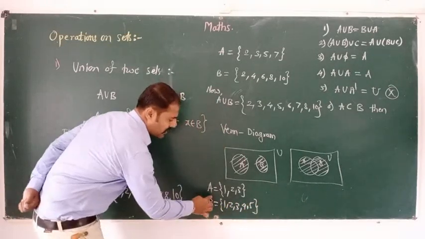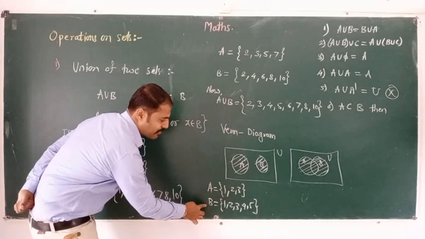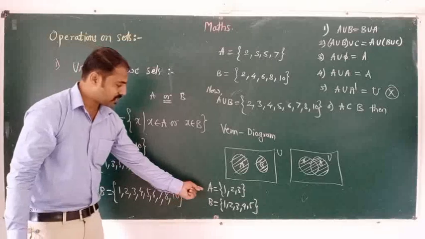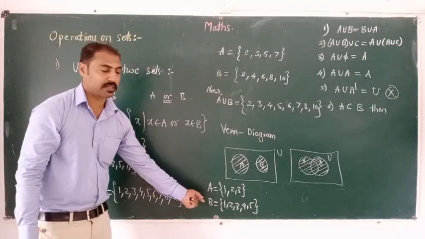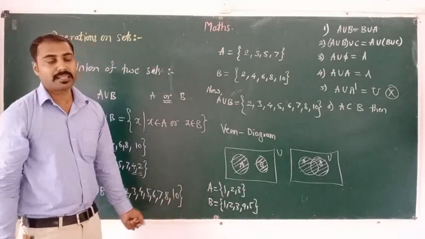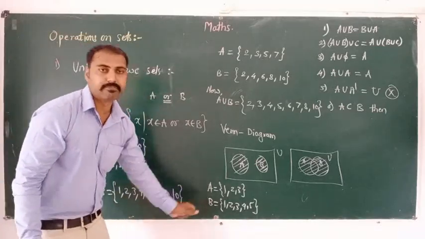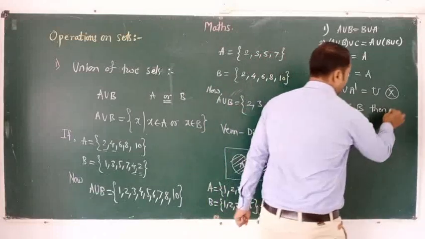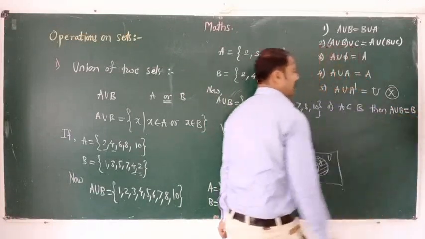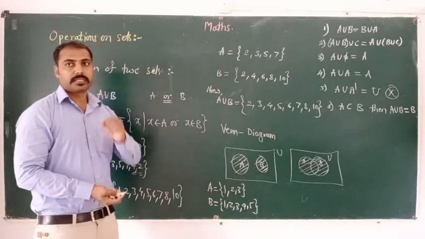All the elements of set A are in set B and B contains extra elements. Then we say that A is a proper subset of B. If A is a proper subset of B, then A union B is clearly B.